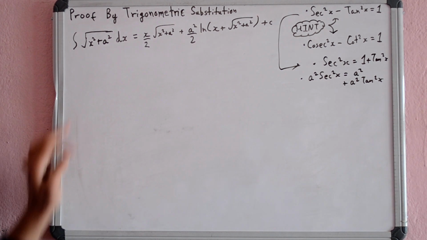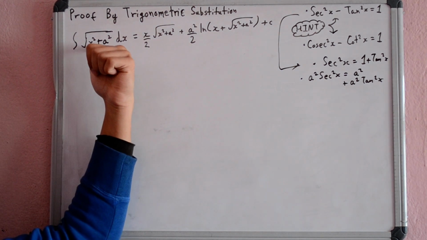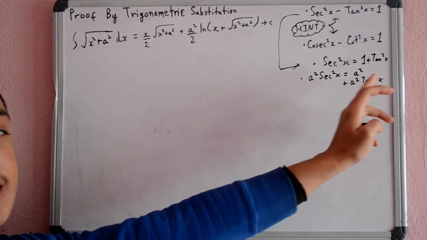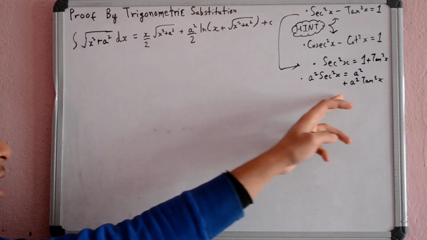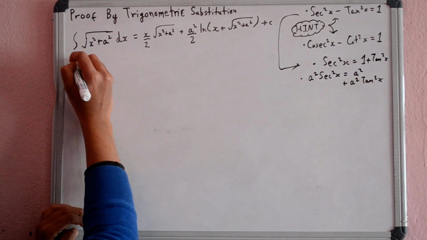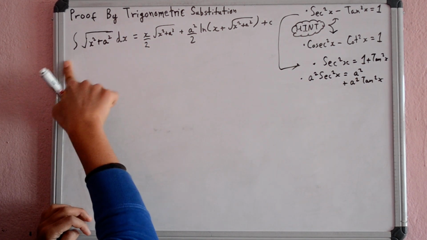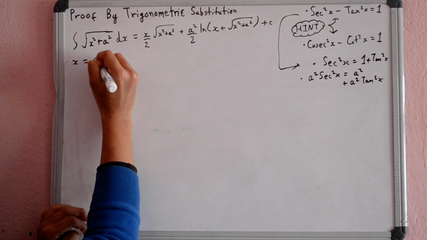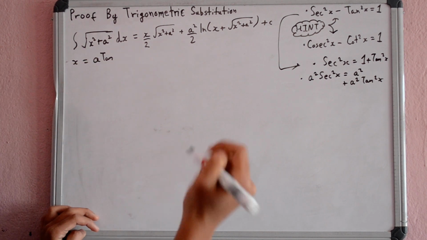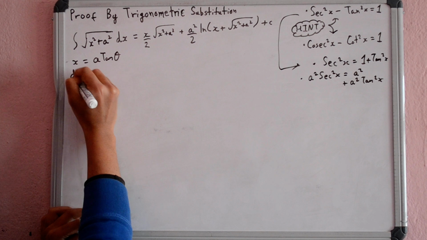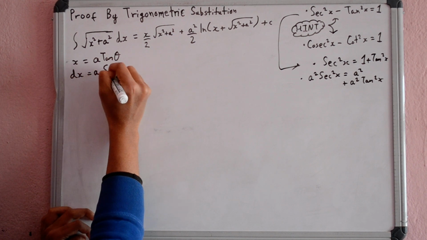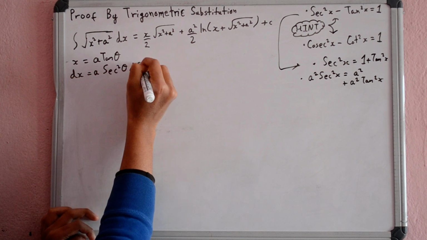Now, right here, instead of x, let's substitute in a tan x, such that we can get a square tan square x. So let's substitute first. x equals a tan, we can't use x, so let's use theta. dx equals a sec square theta d theta.